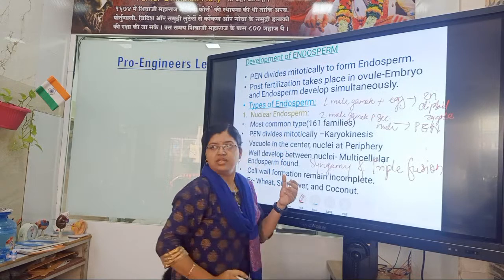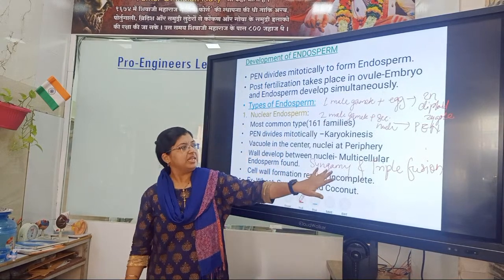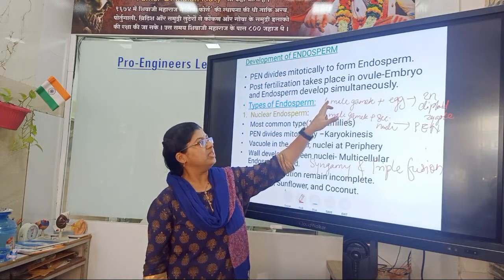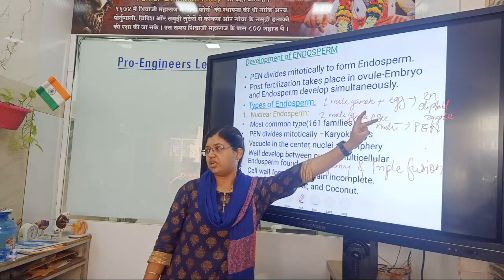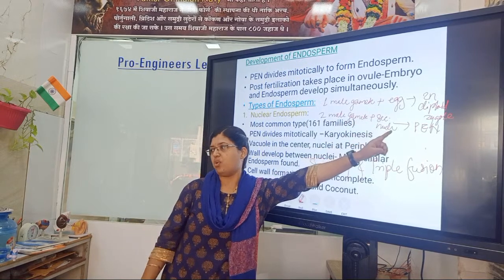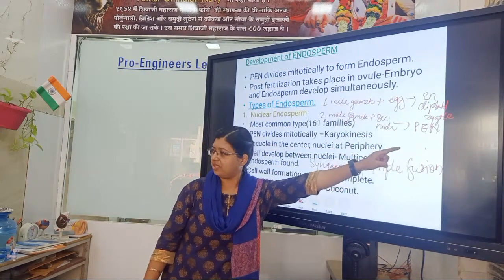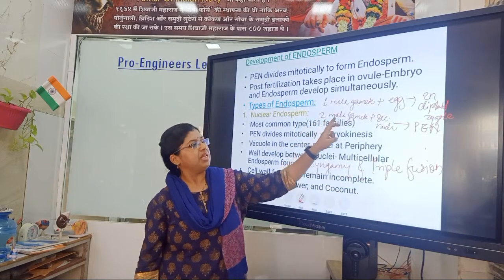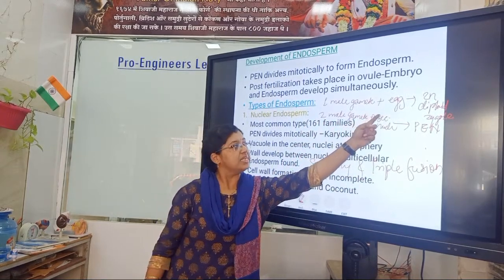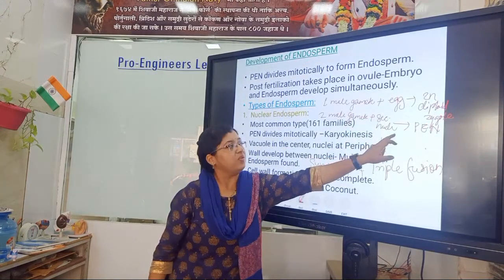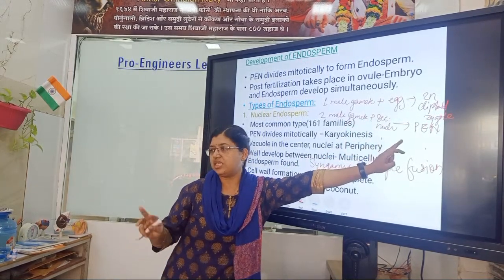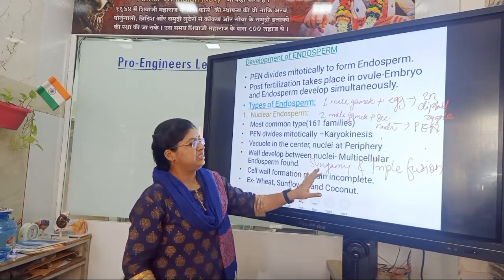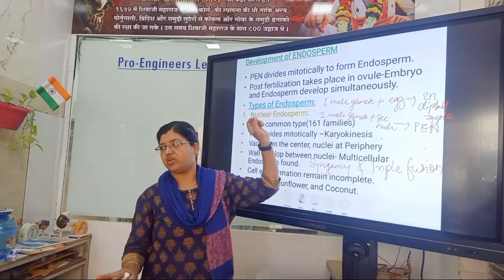In syngamy, the first male gamete fuses with the egg cell and forms a diploid zygote. And in triple fusion, the second male gamete fuses with the secondary nucleus and forms PEN, which is triploid in condition. Clear? These are the two processes in double fertilization.